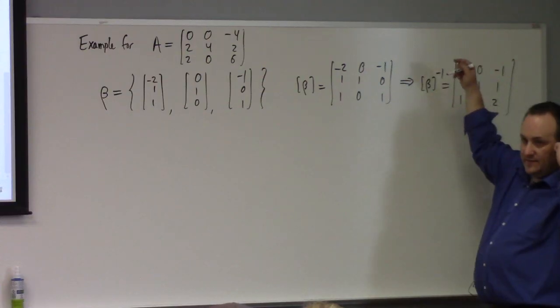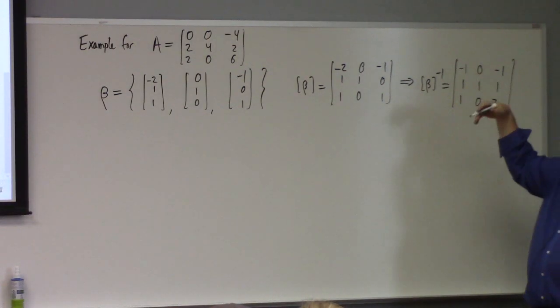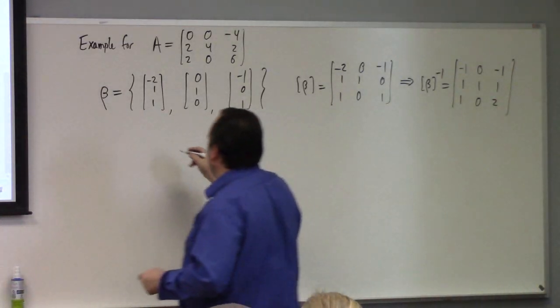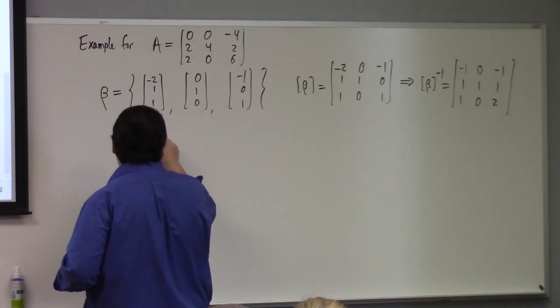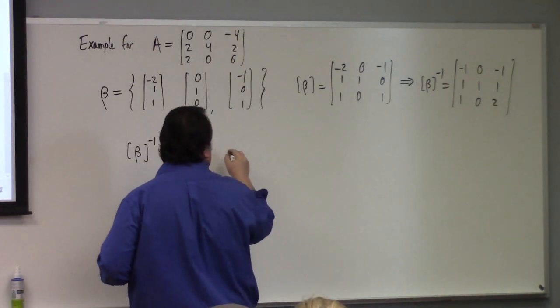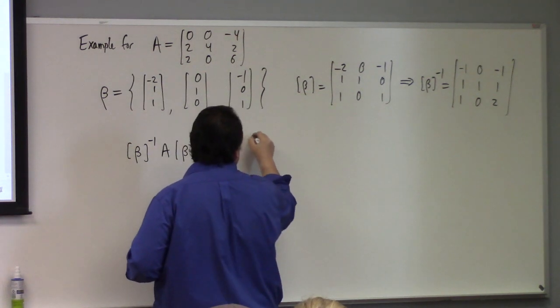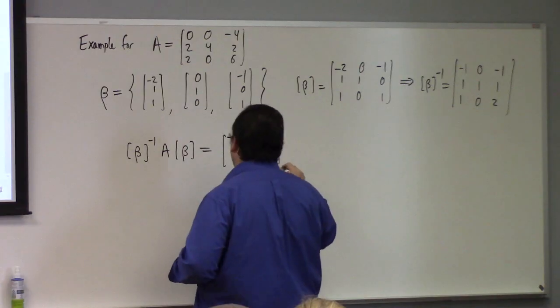Going back to your other question, there's your W1, W2, W3 for this particular problem, right? And if we actually work out this matrix multiplication, beta inverse times A times beta, that's going to be minus 1, 0, minus 1, 1, 1, 1, 1, 0, 2.